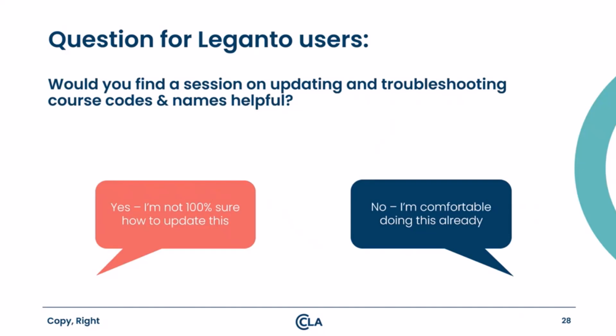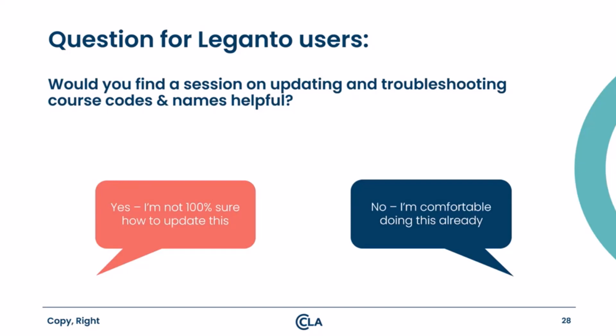I don't have access to Leganto, so I may not have the answers, but I'm hoping, if you're interested, that we could have a session to learn from each other and work through issues you're having yourselves. Because I'm sharing, I can't see the chat, but if you could just pop a yes or no, and if you're not a Leganto user, then just don't answer, otherwise it will skew the answers that I am getting.